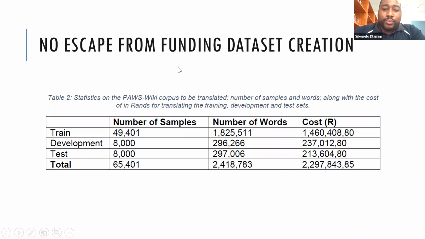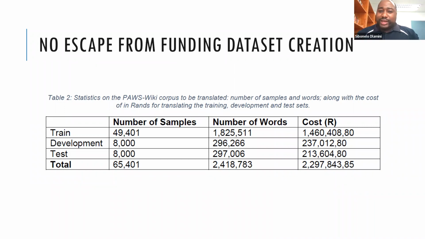This is taken from a proposal that I've written. And basically, I've taken the PAWS data set, and I haven't even taken the whole data set. This is just the Wikipedia version of it, because there's the Wikipedia section, and then there's the Quora. I don't know if I'm pronouncing that correctly, but there's that website where you ask questions and you get answers.